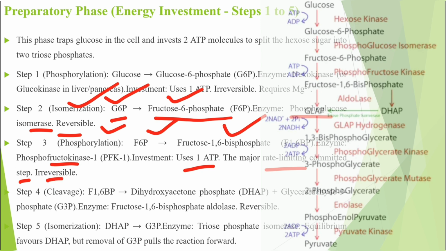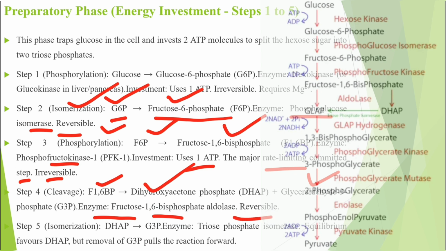What a rate-limiting committed step is we will discuss in another video, where I will discuss only glycolysis. Step 4 is the cleavage step, when fructose 1,6-bisphosphate cleaves to form dihydroxyacetone phosphate and glyceraldehyde 3-phosphate. The enzyme involved is fructose 1,6-bisphosphate aldolase, and this process is again reversible.